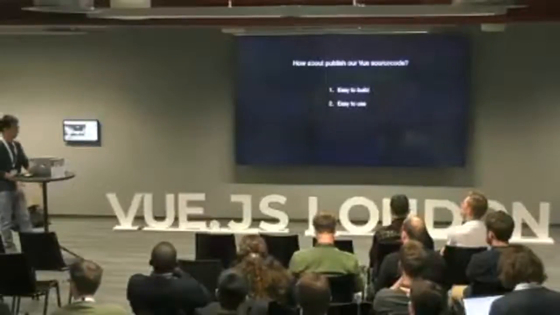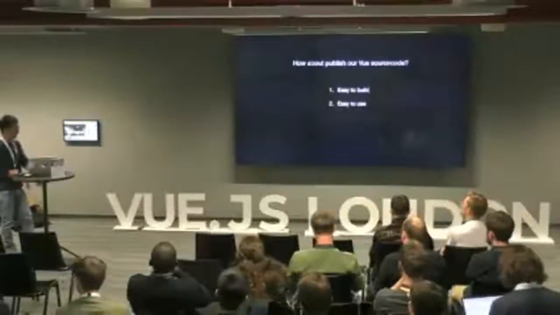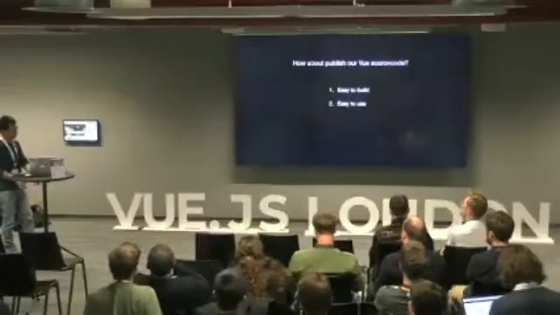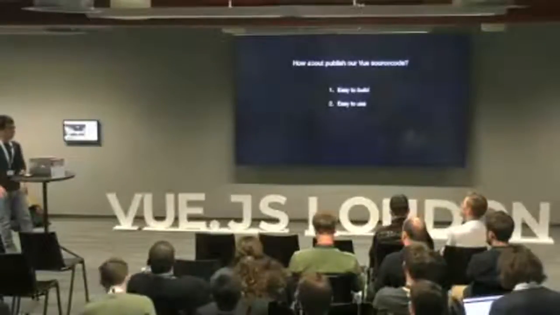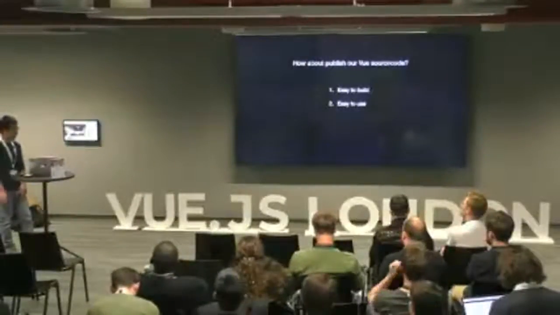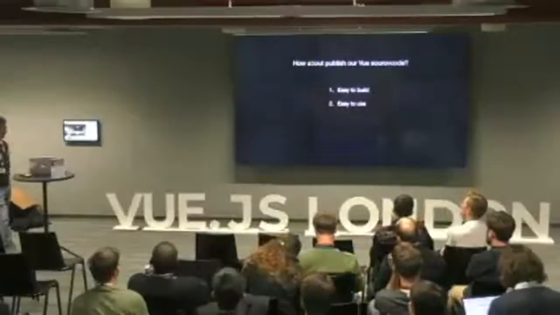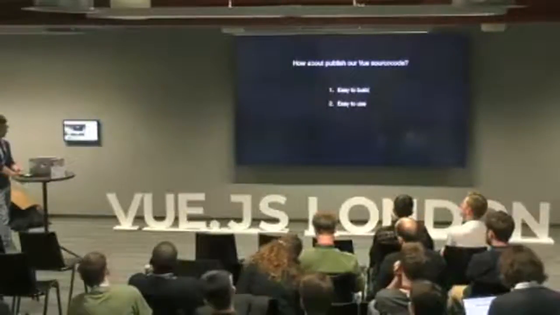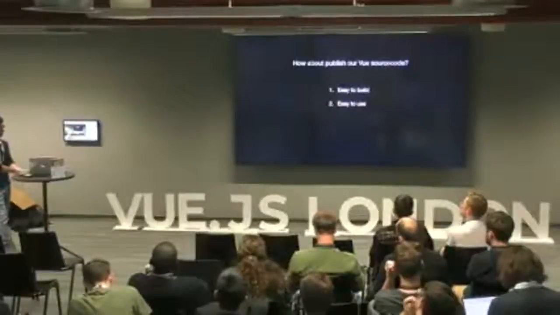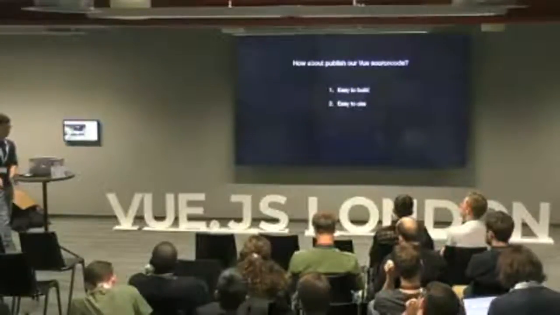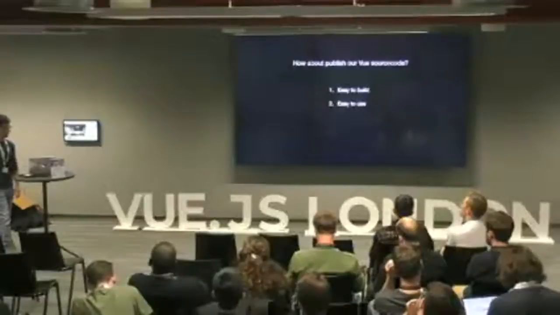They can do everything they can do in their project, so it's very easy for them to optimize their project, and it's very easy to use. The only thing they need to do is change their Webpack config and resolve all the code from some special modules folder. That's all they need to do.